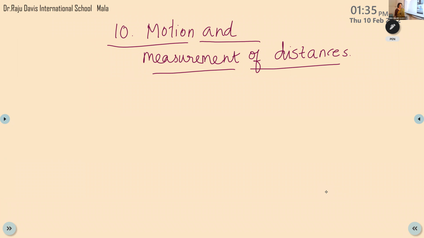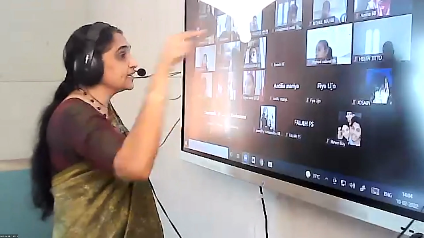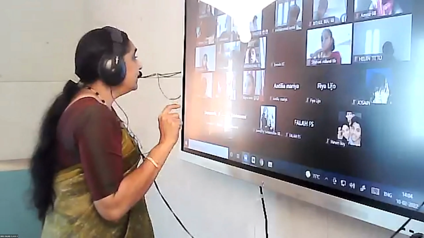It is called circular motion. Rotation and revolution. See here, revolution we can take, not rotation. Revolution means all the planets move around the sun in a circular path, isn't it?